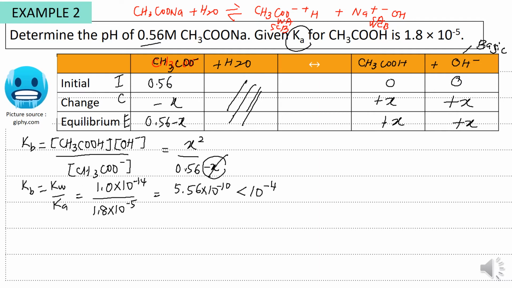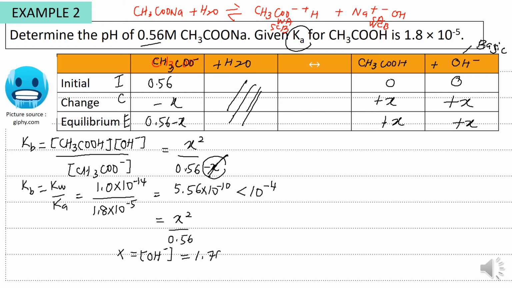So this will be X squared over 0.56, where X is the hydroxide ion concentration. X will be the square root of Kb times 0.56, so you will get 1.76 times 10 to the power of negative 5.